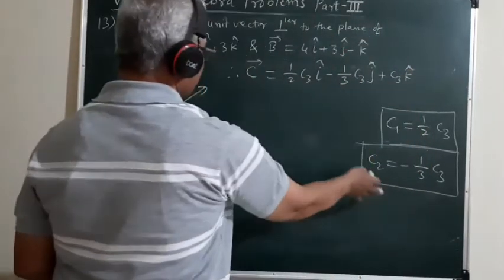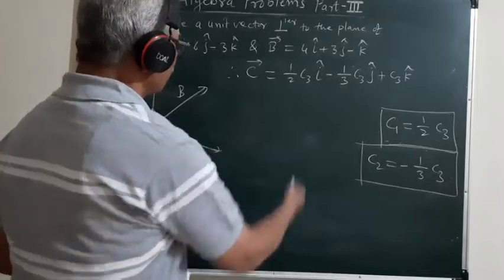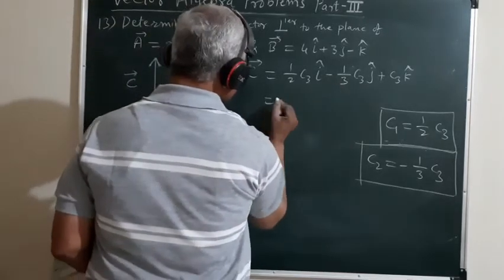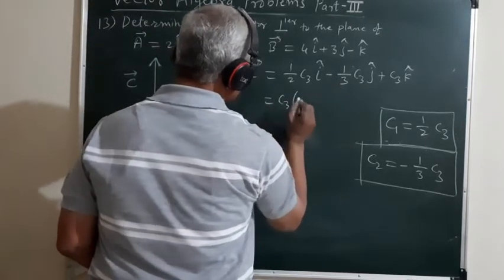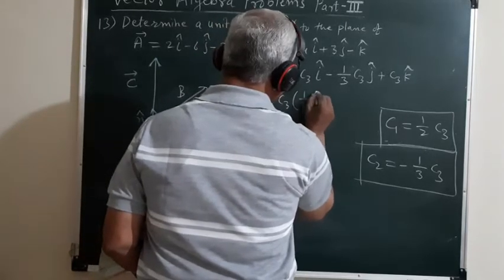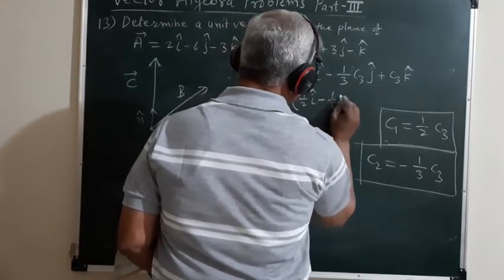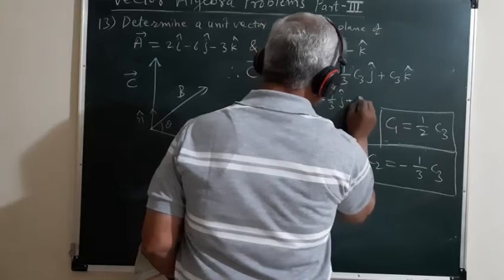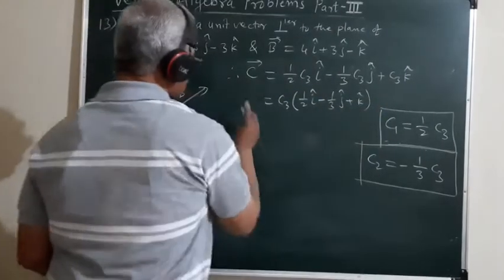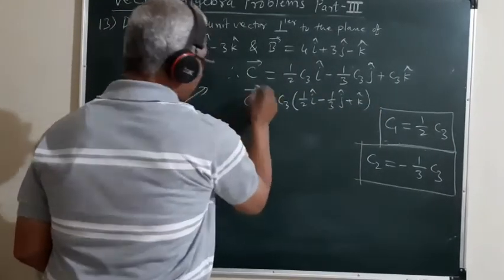So C1 and C2 are replaced in terms of C3, and we can take C3 common. So this is equal to C3 into bracket 1/2 i cap minus 1 by 3 j cap plus k cap. So this is the vector C bar.